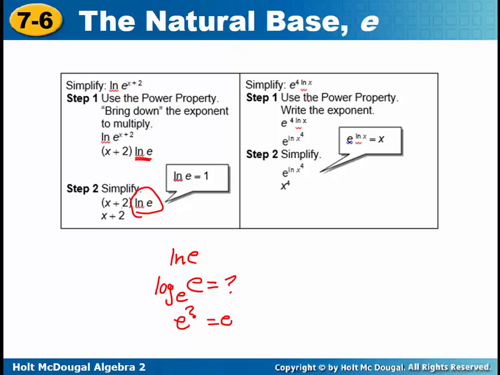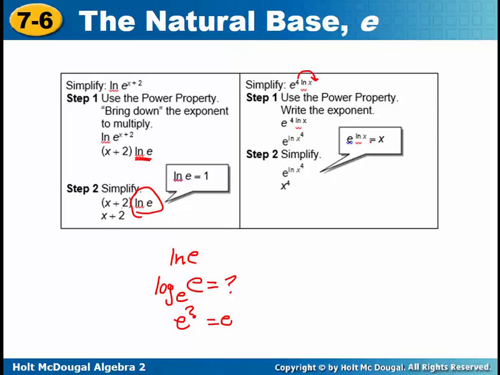All right, let's look at the next one. If we had to simplify e to the power of 4 natural log of x, then again this is the power property. We can take the 4 and use it as an exponent on the x. So this is e to the power natural log of x to the 4th.